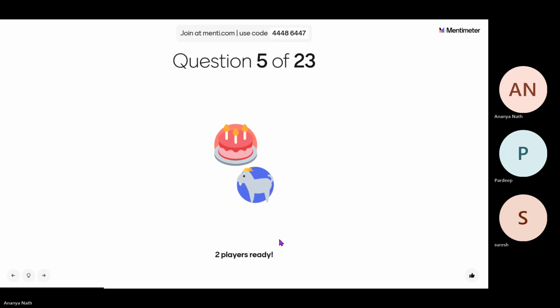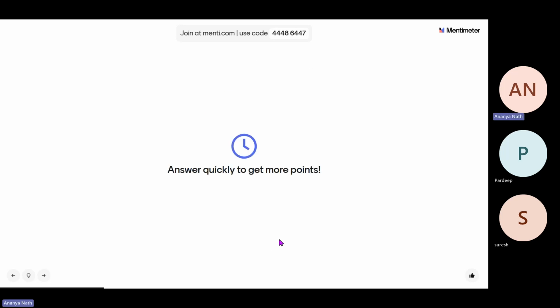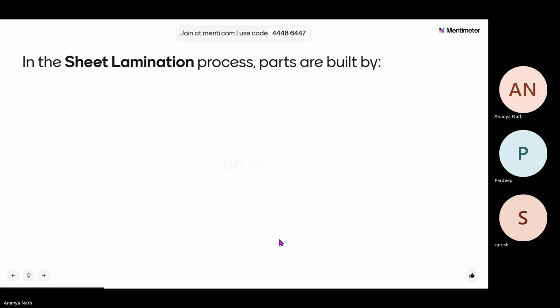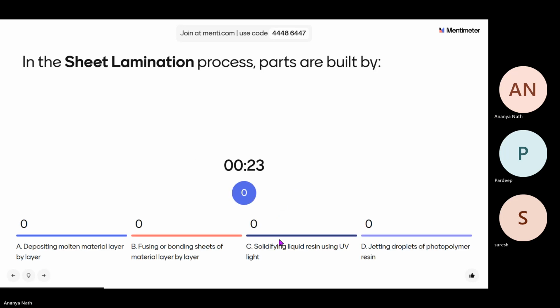Okay. Next, fifth question, quickly. I'll read it out. In sheet lamination process, parts are built by... you should answer this at least. Your final exam is coming, I think.